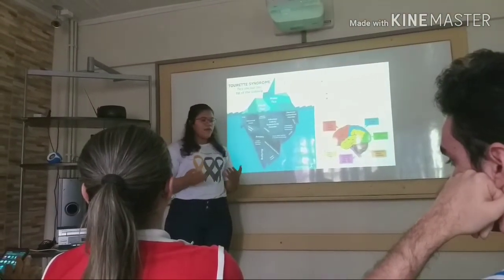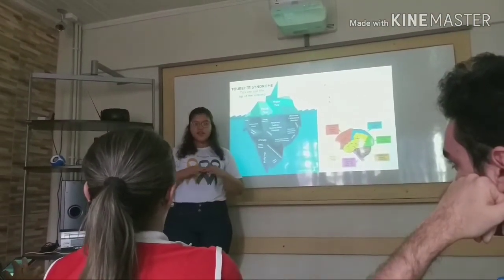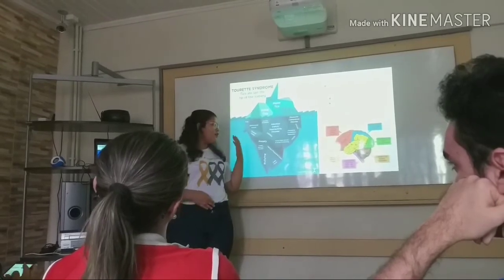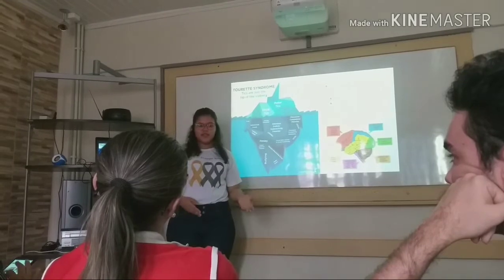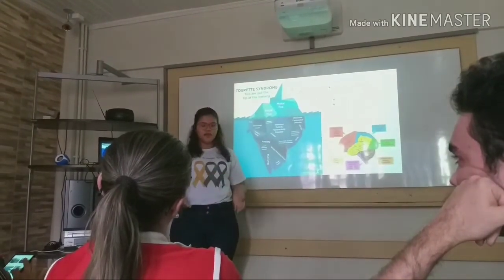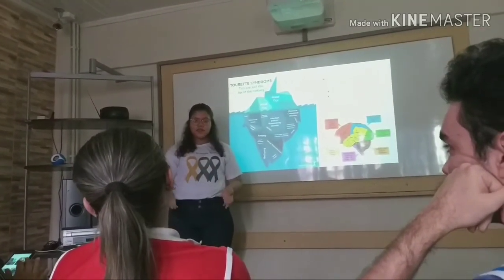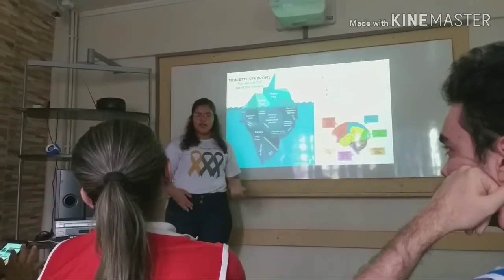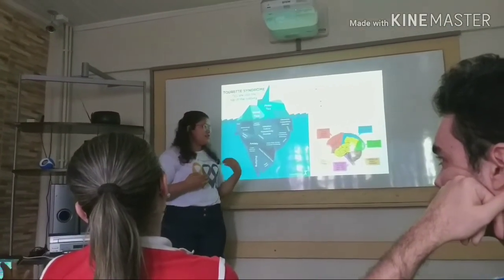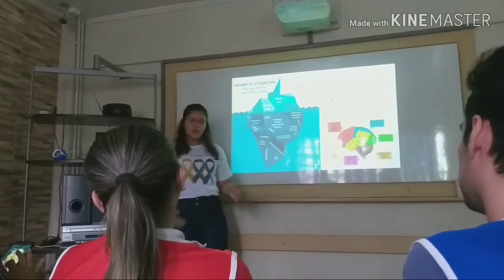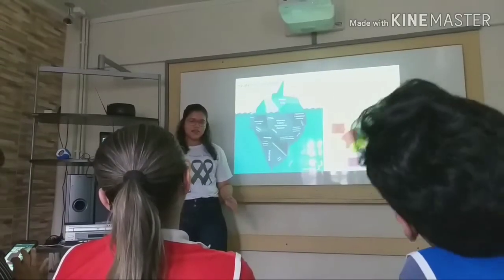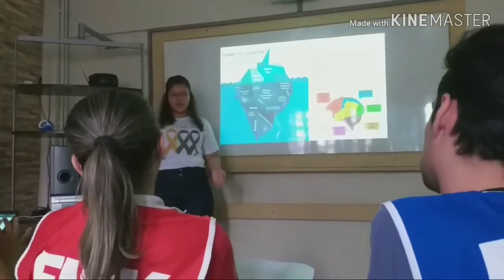A lot of people think that all people with Tourette syndrome have coprolalia, but it's not all the people with TS. Just 4% of the people with Tourette syndrome have coprolalia and the symptom of obscene behavior. So it's not something to judge people about, because it is completely involuntary.